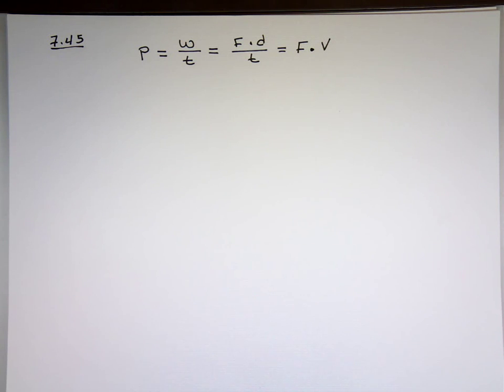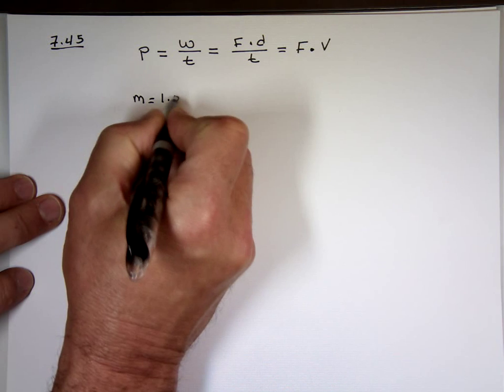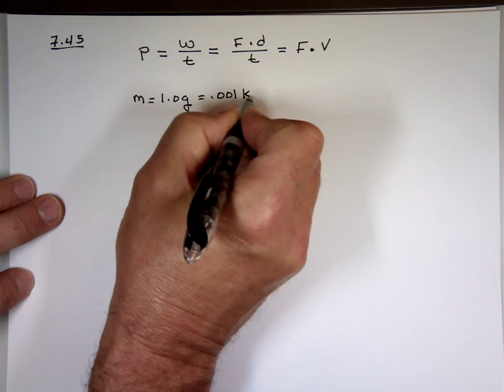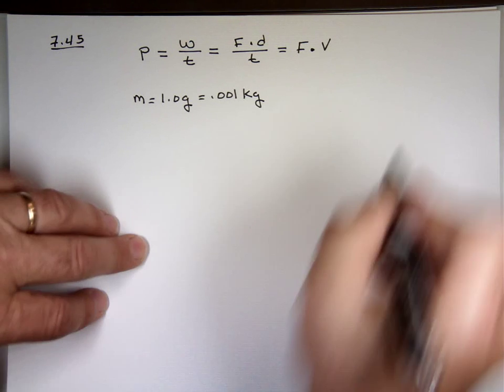Calculate the power output of a 1 gram fly. So the mass equals 1 gram, which is 0.001 kilogram, as it walks straight upward. A window pane 3 centimeters. So this fly, it's walking upward.